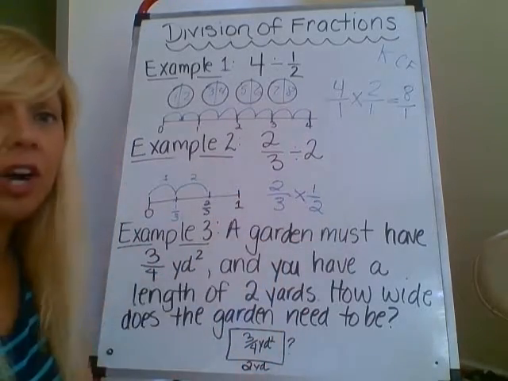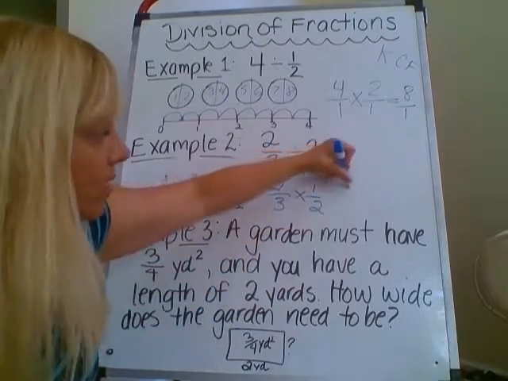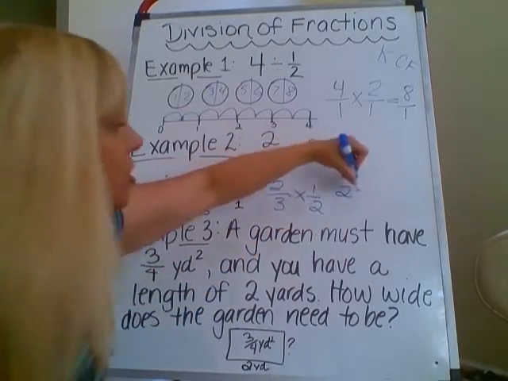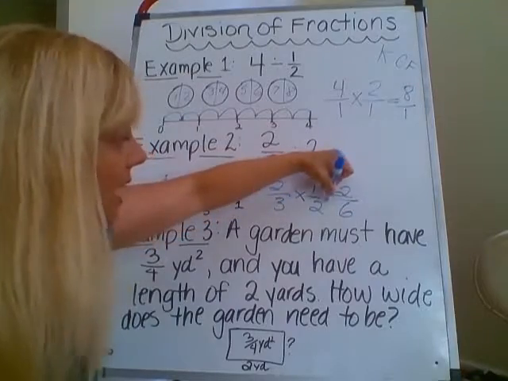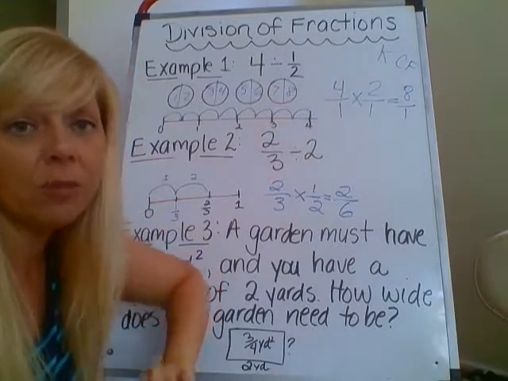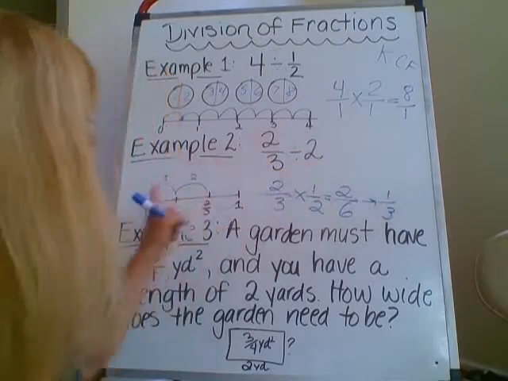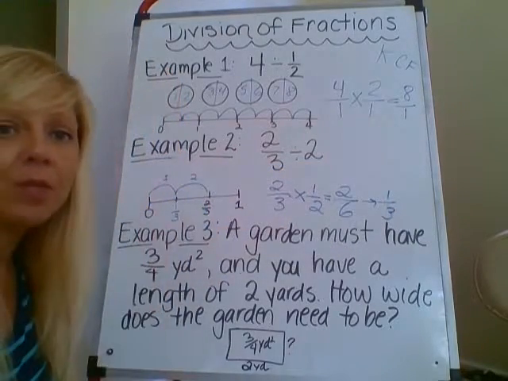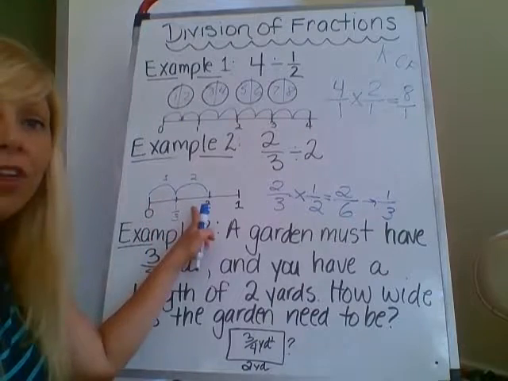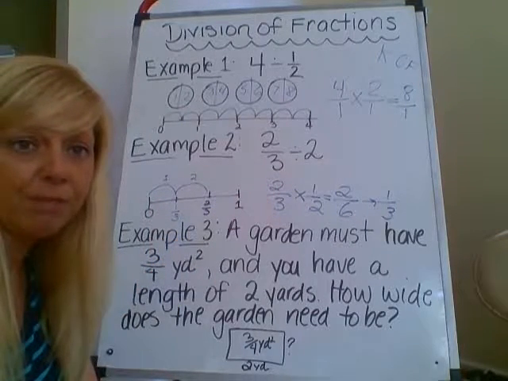And then we multiply straight across. 2 times 1 is 2, and 3 times 2 is 6. And when we put that into lowest terms, or simplify it, that becomes 1/3, which is what each of my 2 bunny hops equaled. 1/3 and 1/3 equals 2/3.